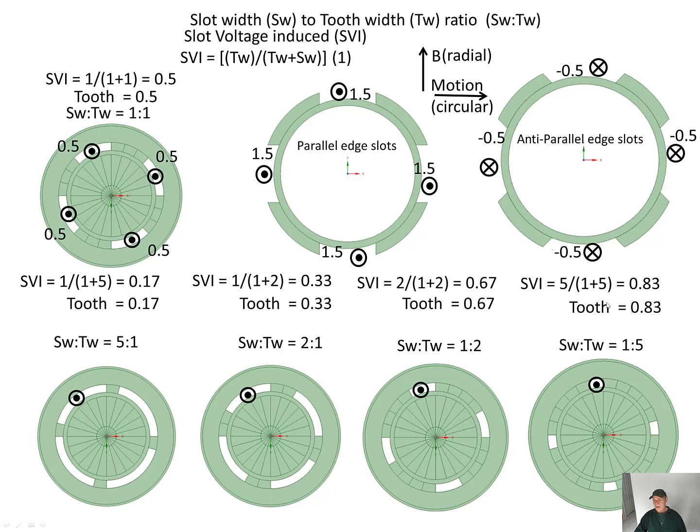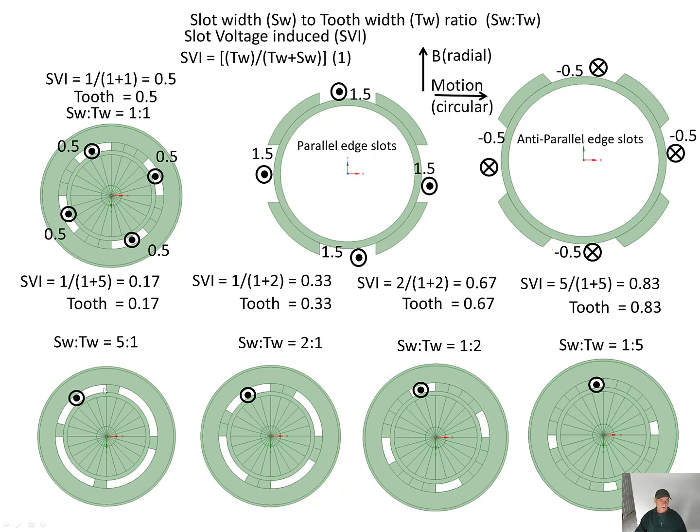When it's 1 to 5, you get almost 0.83, and the tooth is 0.83. So when you have a small slot compared to the tooth width, this approximates almost a full induction in one unit.